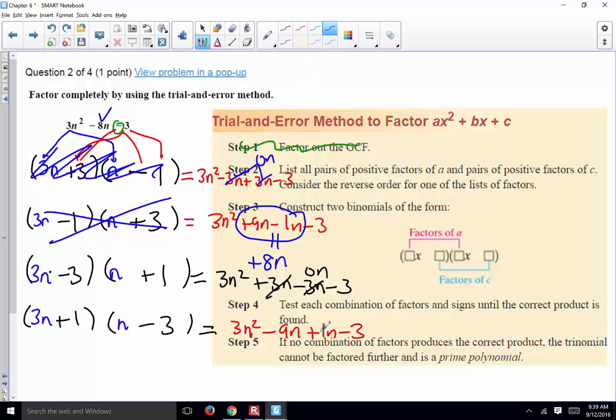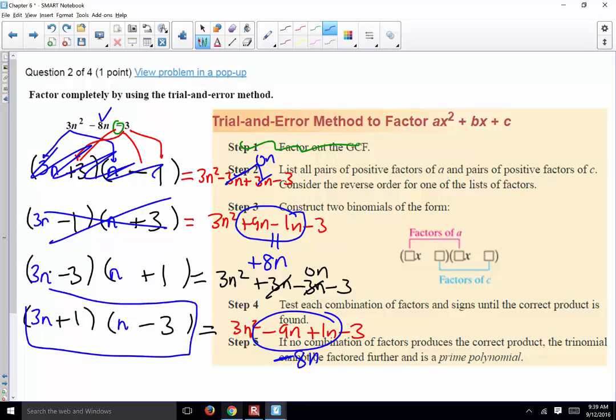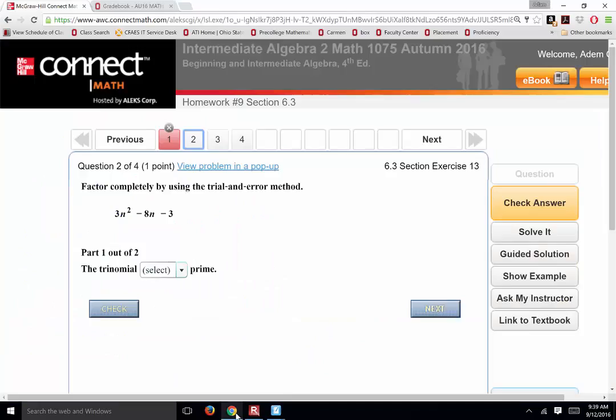And voila, yeah, that's the right option because this is minus 8n. Okay? This is the right pair. Go finish off your question. Not prime.